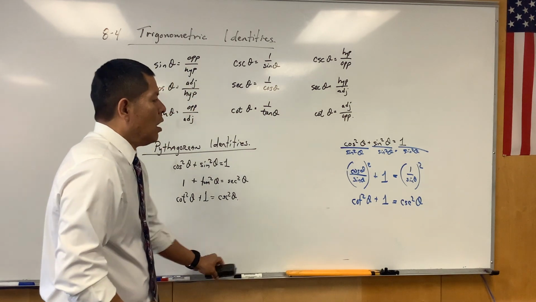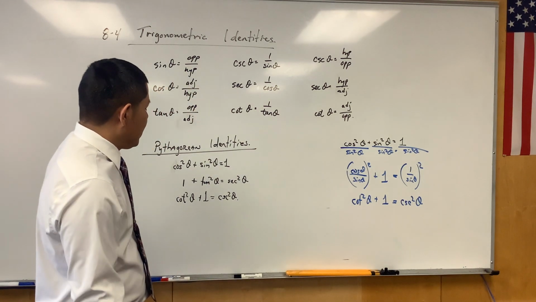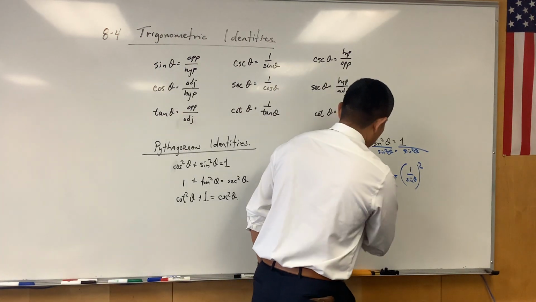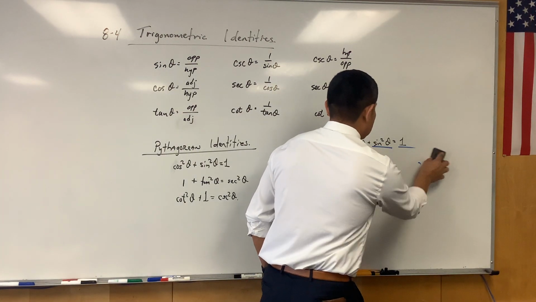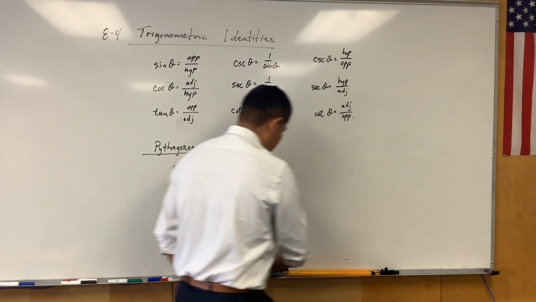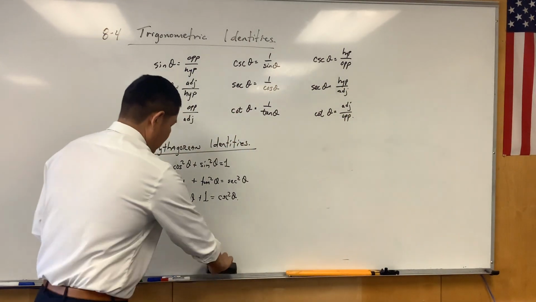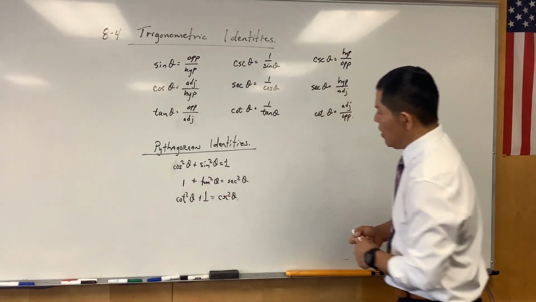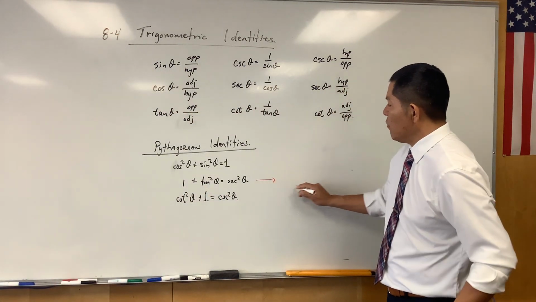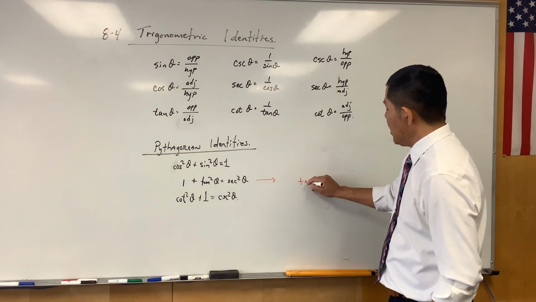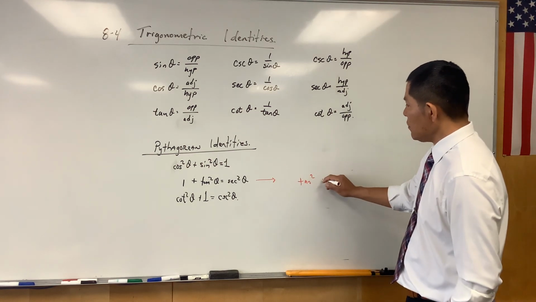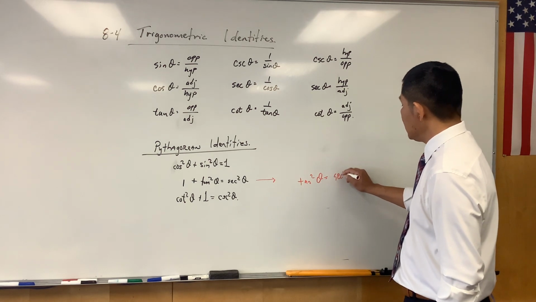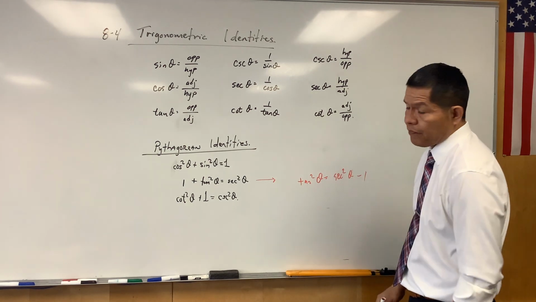So in our algebraic manipulations, you're gonna have to keep in mind that out of these three identities, we can have a lot more, okay? There's a lot of different ways that we can write this identity, right? We can say the tangent squared of theta is equal to the secant squared of theta minus 1.